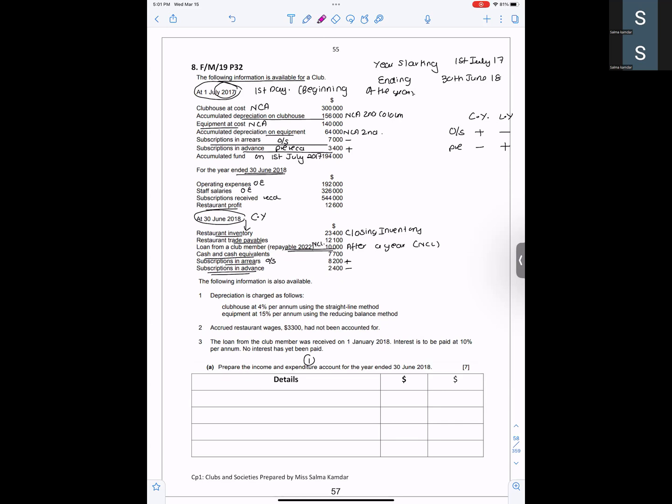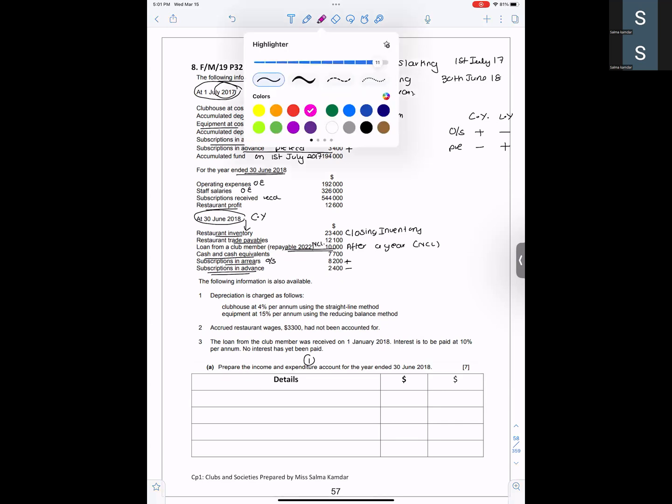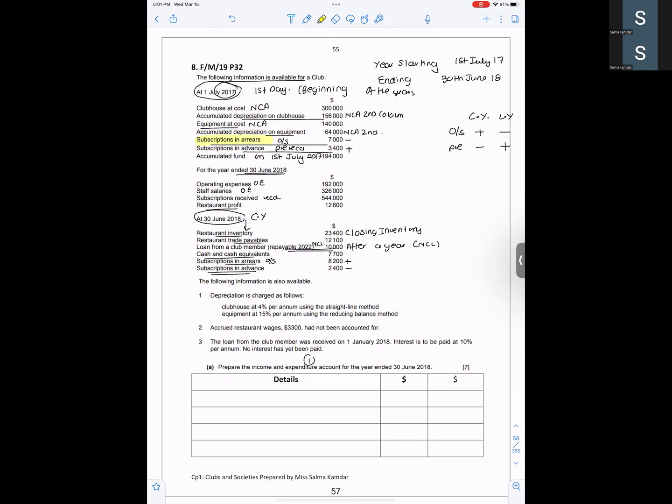When I am seeing subscription, let's find out subscription income for the year because that is the first thing that we do in income and expenditure account. We have all our incomes, which is subscription. Okay, so let's see what are the details that we have related to subscription.